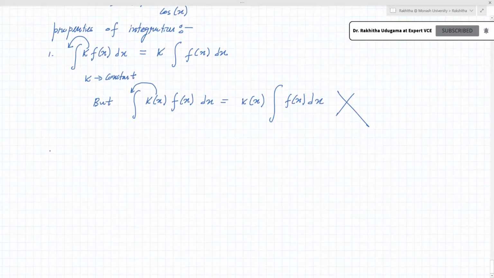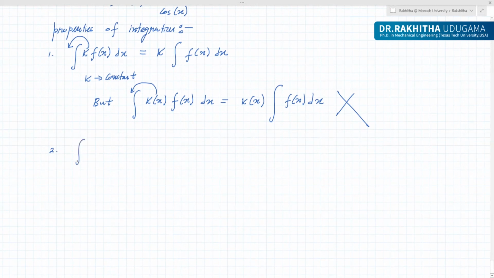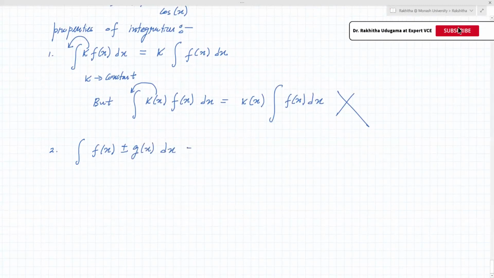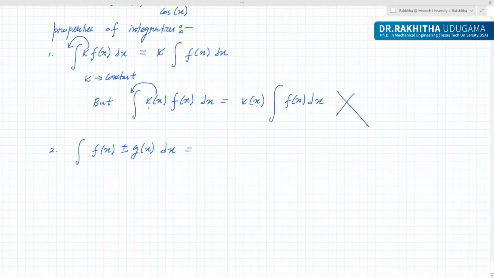Then if you have something like the integral of f(x) plus or minus g(x) dx, in this case you just leave the k of x function there.